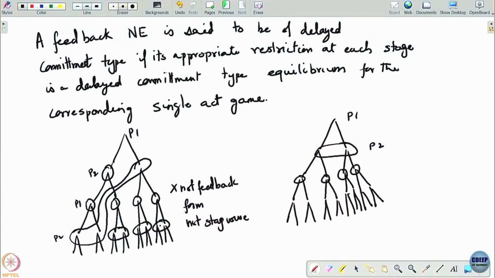Okay. Now here, say for example, suppose I take this is player 1, this is player 2 at this. Now here, suppose I have this.